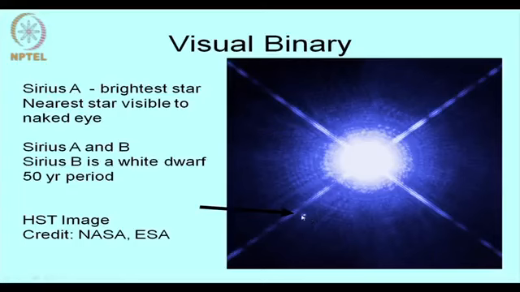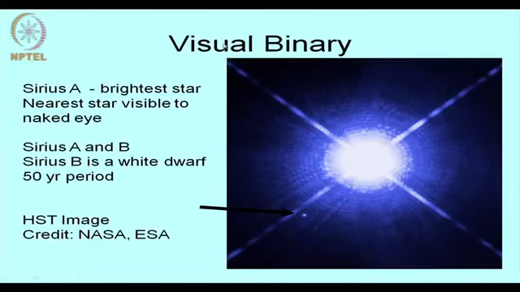So, Sirius A and Sirius B form a binary system, and this binary system has a period of around 50 years. And a visual binary is a system where you can see both the stars in a photographic plate or a picture of the sky.